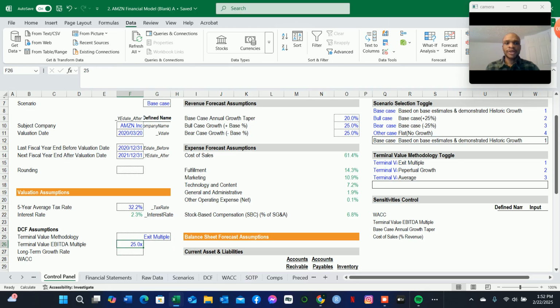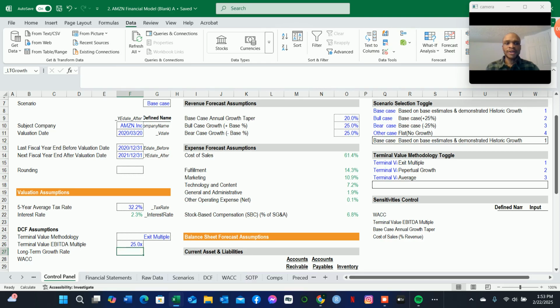They might want to sell the shares at 25 times EBITDA. So that's exactly what we are putting in as an assumption for the terminal EBITDA multiple. Like we said, this could be determined using comparable company analysis.